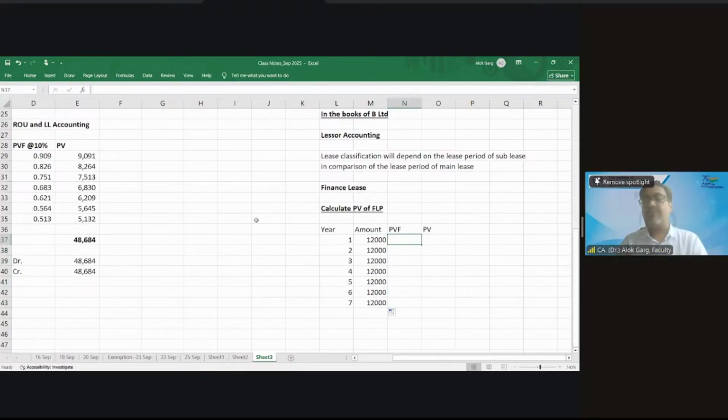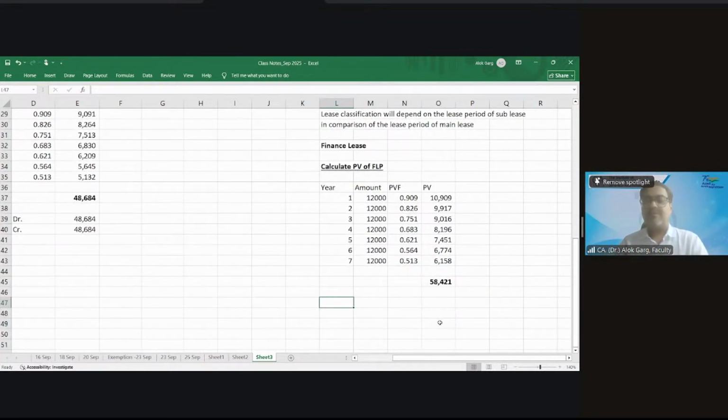What is the present value factor? 10%. It is the same 10% for all the parties. What is your present value? Multiply this by this. Simple. What is your present value of future lease payments?